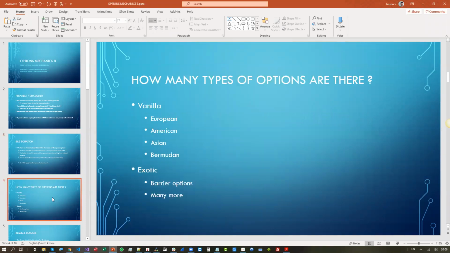So how many types of options are there in the market? We often hear about vanilla options, and among them, of course, European and American, and there are other types of options like Asian and Bermudan, and more.